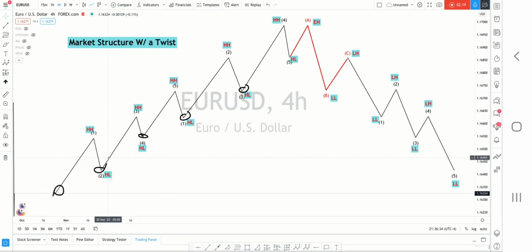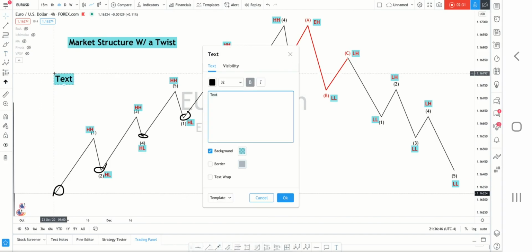Now what happens? Market comes up, it breaks your zone, starts to turn around. Now market structure with a twist comes in. You start throwing this little magic word that starts to create more confluence in the market. Confluence is pretty much multiple confirmations.